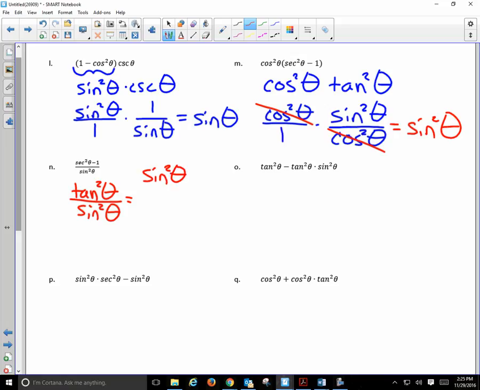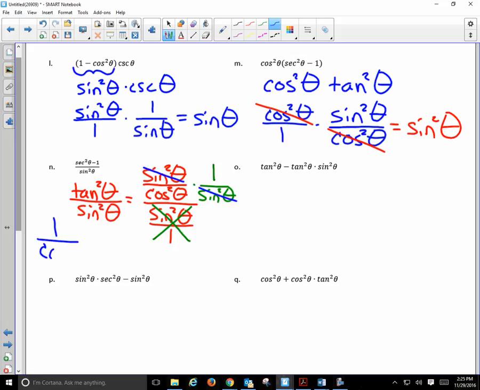Sine squared over cosine squared over what? Sine squared over 1. So I am dividing. Instead of dividing, I should multiply by the reciprocal, and the reciprocal is 1 over sine squared. What happens? Sine squareds go away. I'm left with 1 over cosine squared. Can I rewrite 1 over cosine squared? Secant squared.